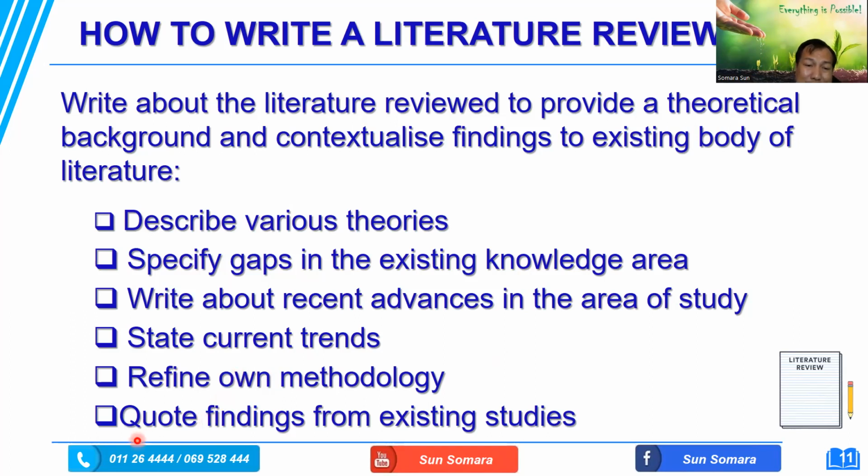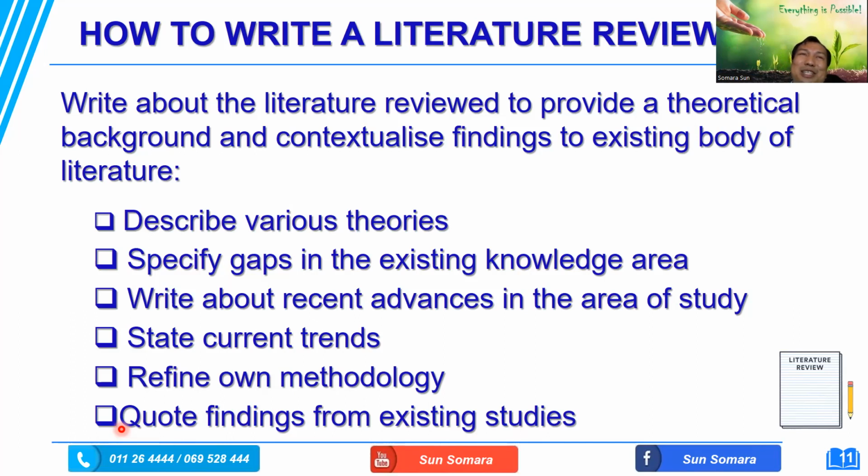Okay, and quote findings from existing studies. The other one, just quote it, direct or indirect quote, it just depends. Indirect quote means you need to paraphrase. Direct quote, you need to put the quotation marks. But in most of the literature review, you need to provide sources, credit or acknowledgement to the owner of the idea, right?